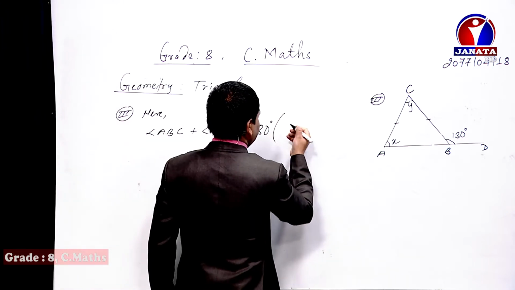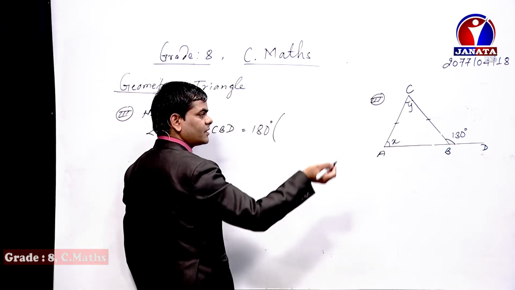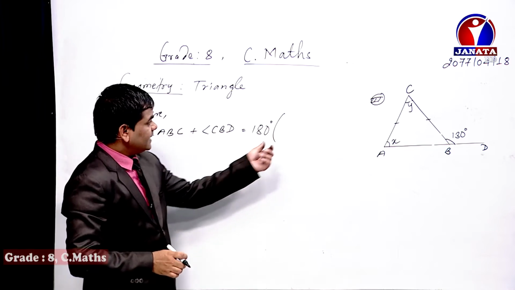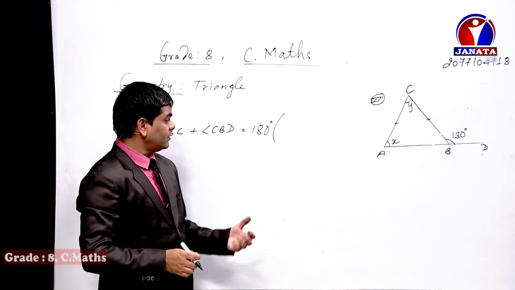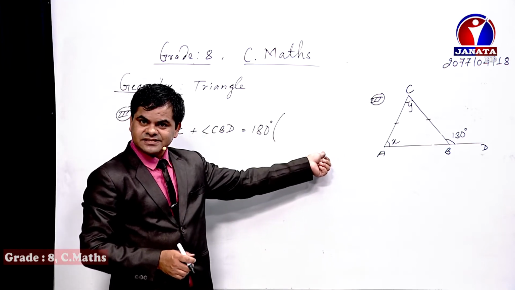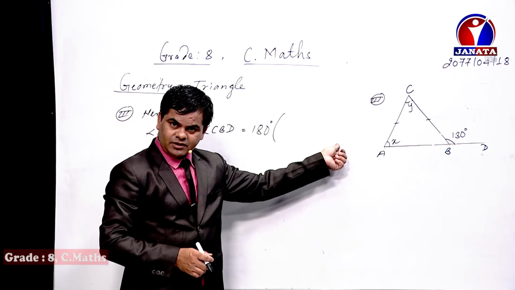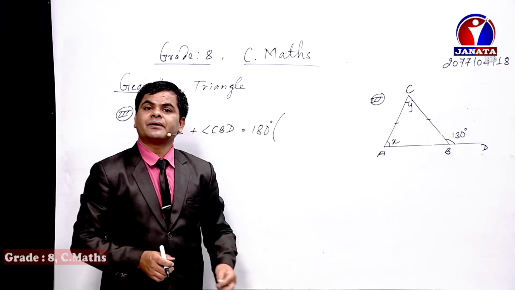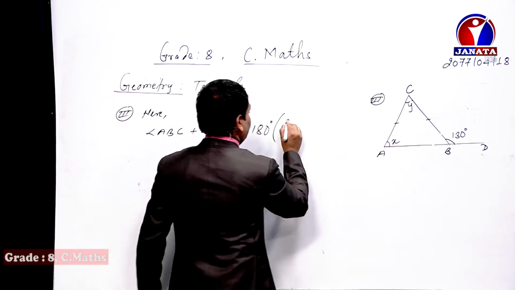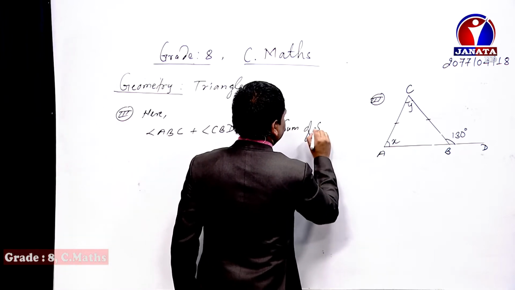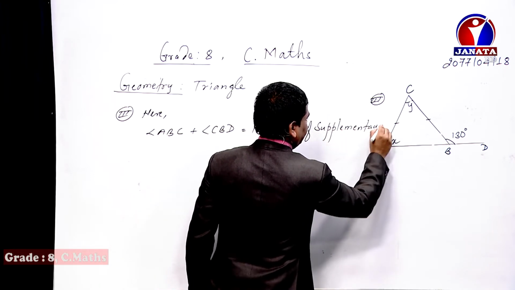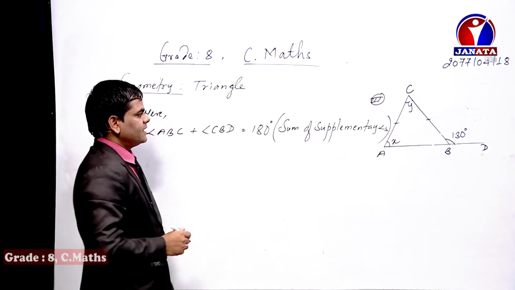Sum of supplementary angles, or you can write sum of linear pair, or sum of adjacent angles, or sum of straight angle, as a reason. Among them I am going to write sum of supplementary angles.